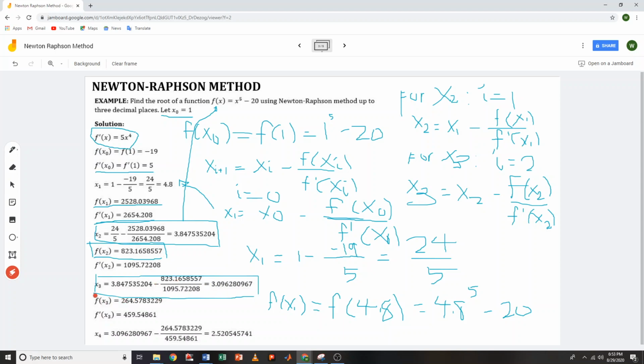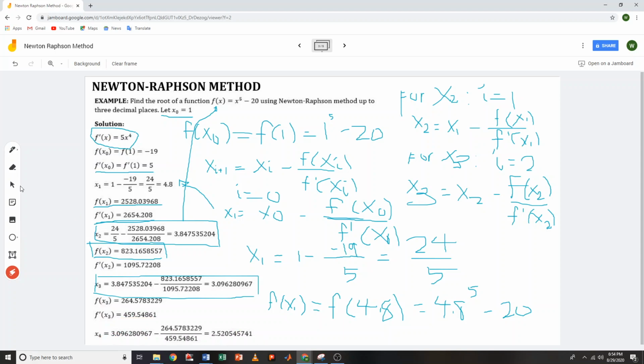So we have already gotten the value of x3. So therefore, evaluating again f of x3 in this equation, we can get this value. Again, if we have evaluated this value using this one, we can get also this one, and then x4.